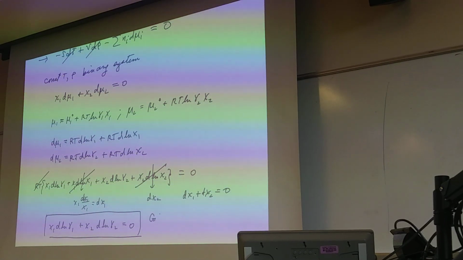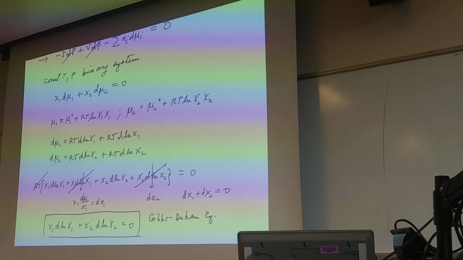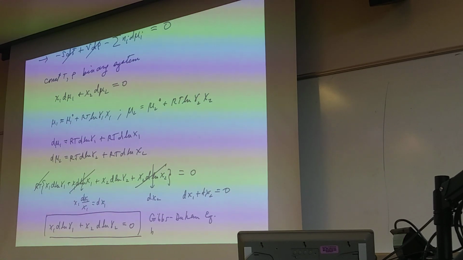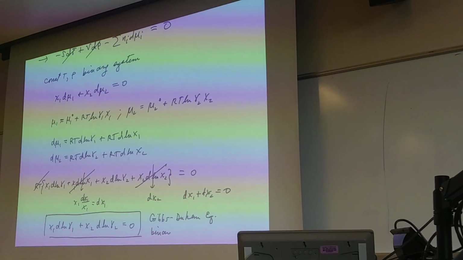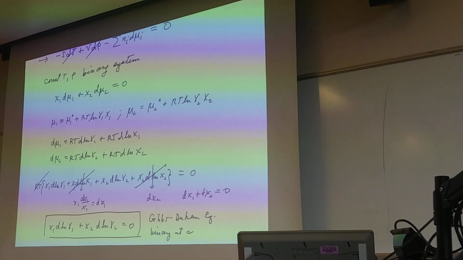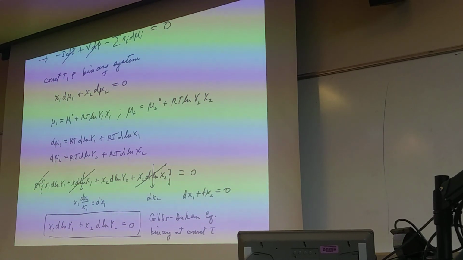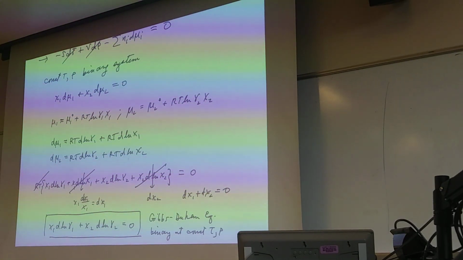This is the Gibbs-Duhem equation. And it's for a binary system at constant temperature and pressure.